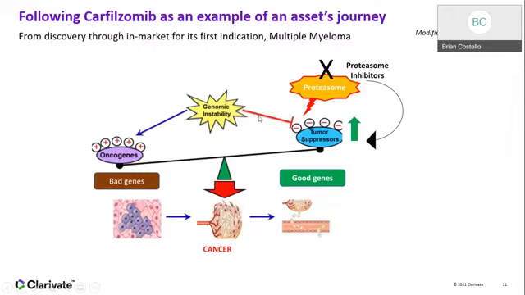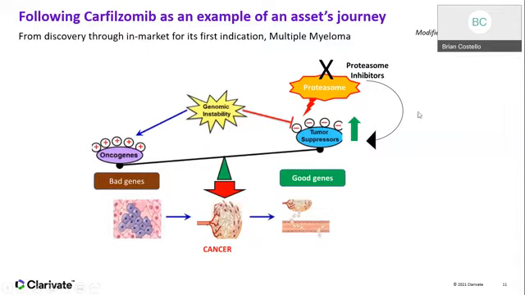Now we know that cancer occurs due to genomic instability, where what we can call the bad genes, or the oncogenes, are expressed more. They are upregulated as compared to the tumor suppressors.